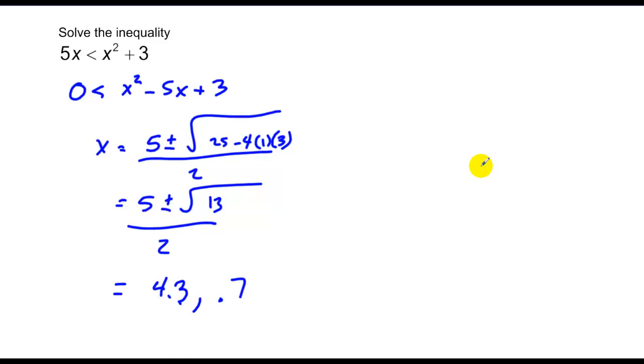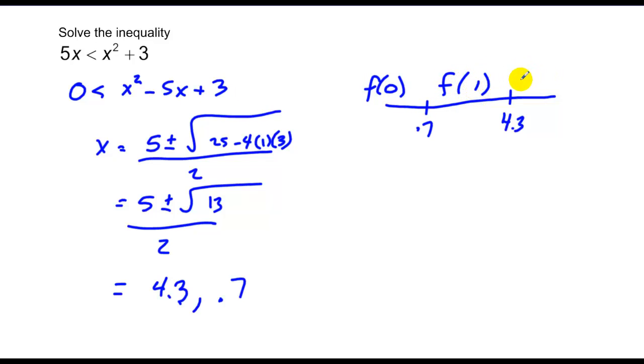And in this case, when I test these, I have 0.7 and about 4.3. Unfortunately, if I'm going to show this algebraic test, I'm going to probably have to plug back into this original problem. So I'd have to go f of 0, f of, let's go 1, and f of 5.